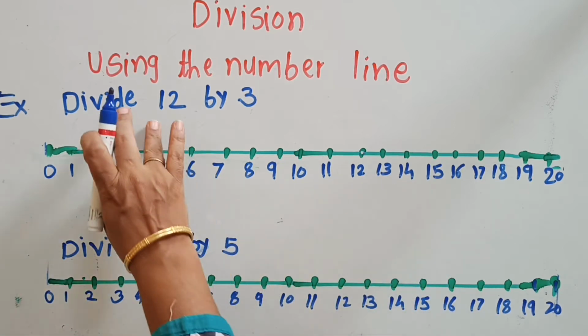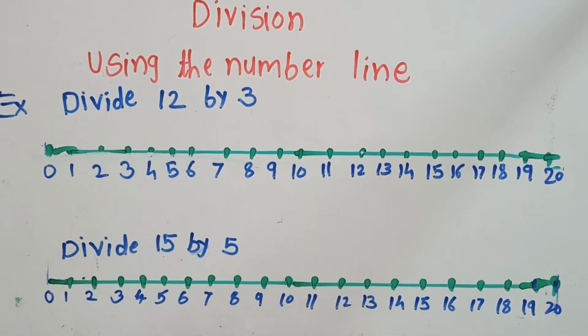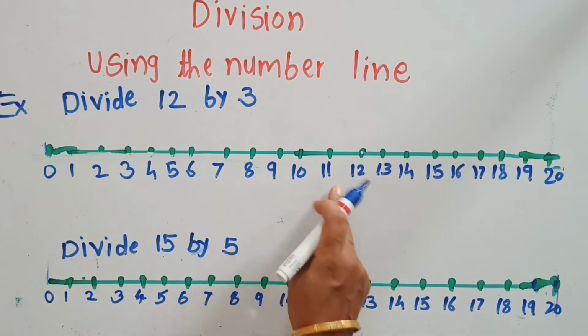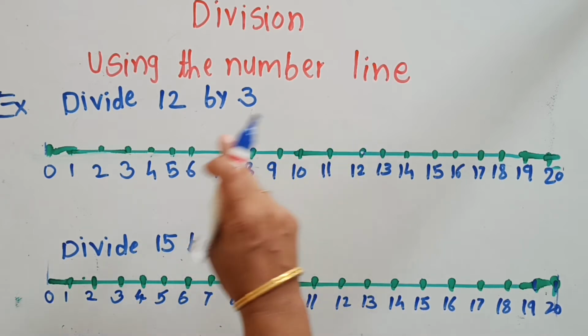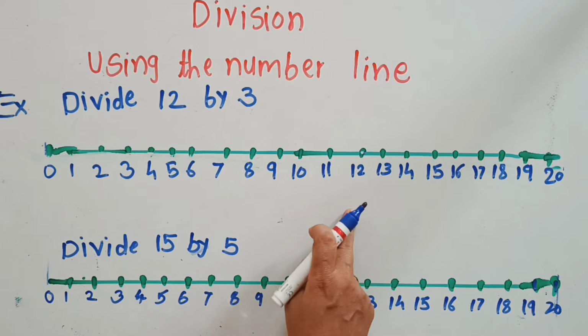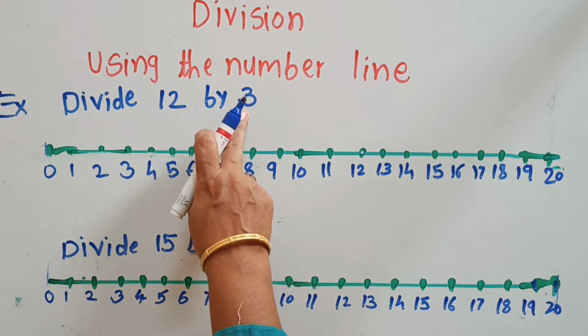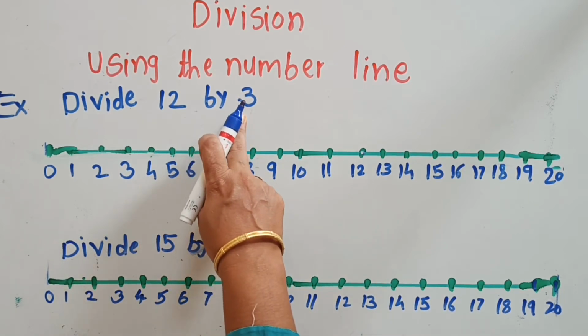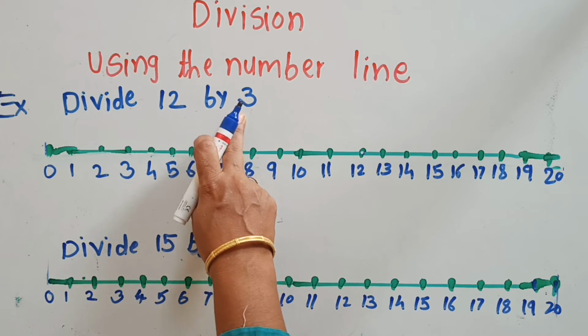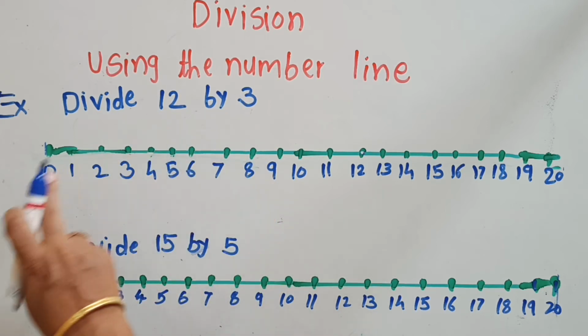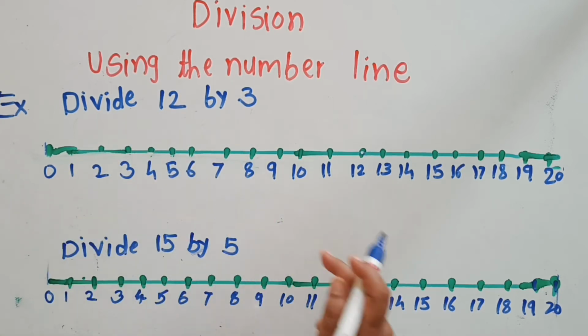You know division is repeated subtraction, and in subtraction we move backward on the number line. So we jump backward 3 steps at a time until we reach 0.